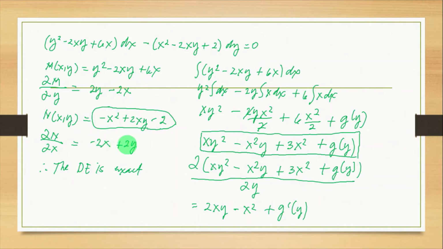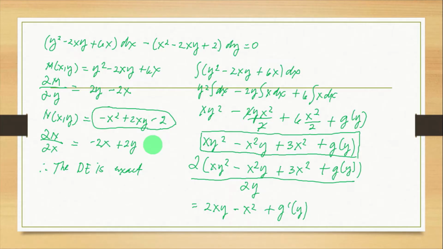And since your y is held constant, the derivative of 2x is 2. Therefore, the partial derivative of 2xy with respect to x is 2y. Then your negative 2 is constant, the derivative of that is 0.